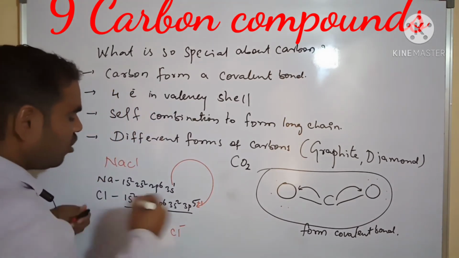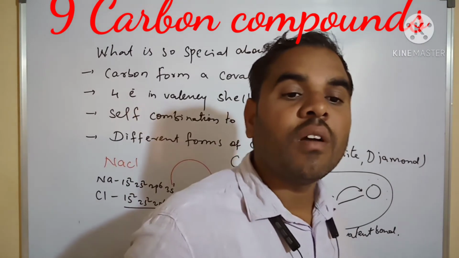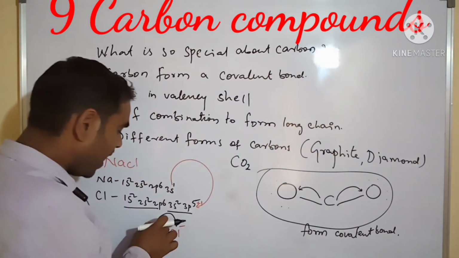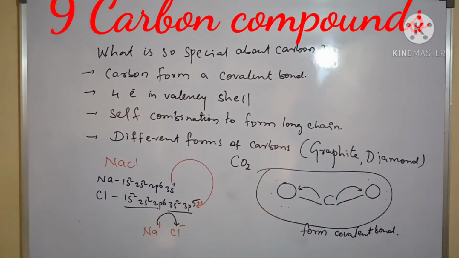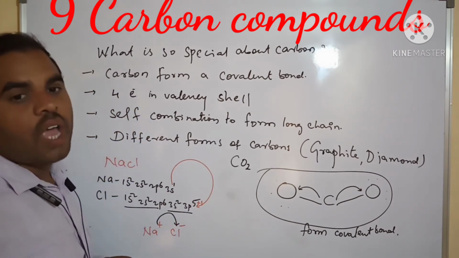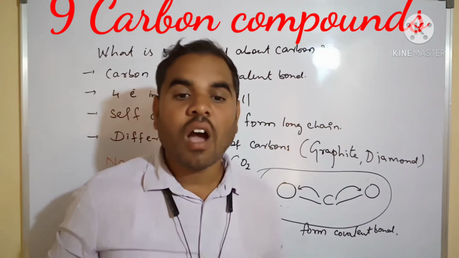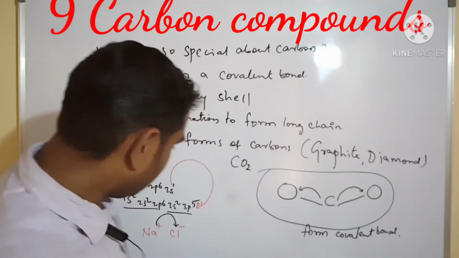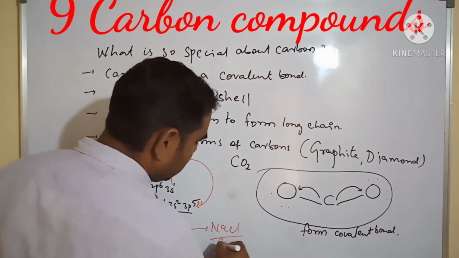Both are ions, one with plus charge and one with minus charge, so an ionic bond is formed. We finally get NaCl, a compound.